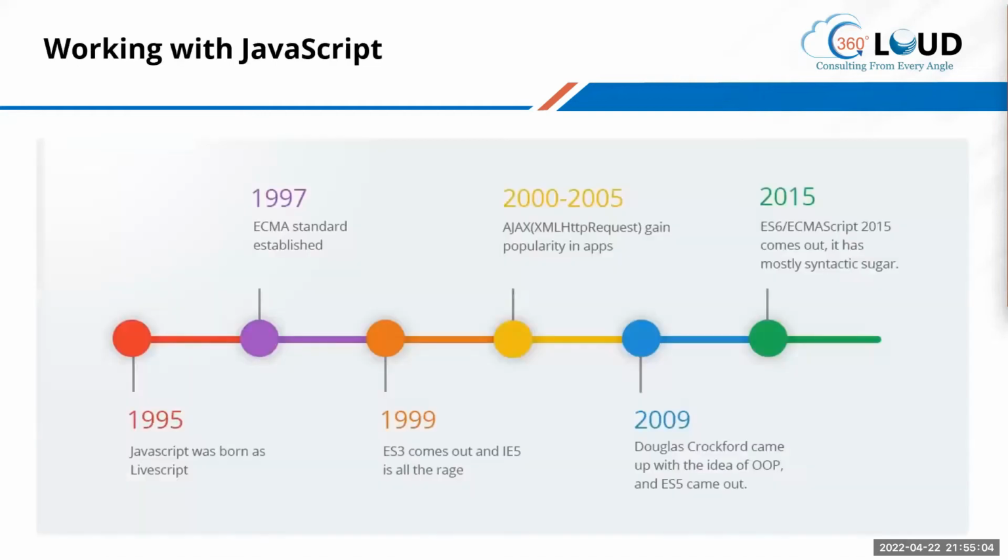Sorry. So, JavaScript. I already told you a couple of things about it, but still. In 1995, JavaScript was born, and in 1997, the ECMA standard was established. Every language has its compiler and a standard, like this is how you have to code. But JavaScript is quite open.